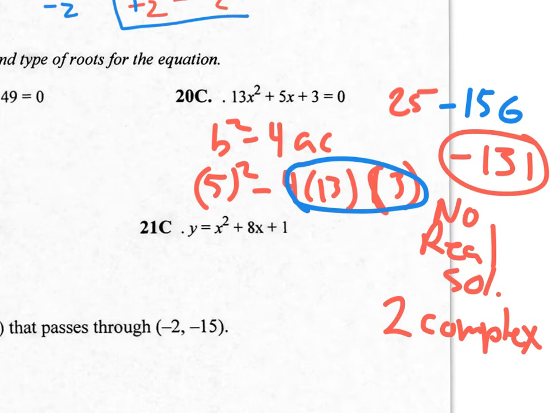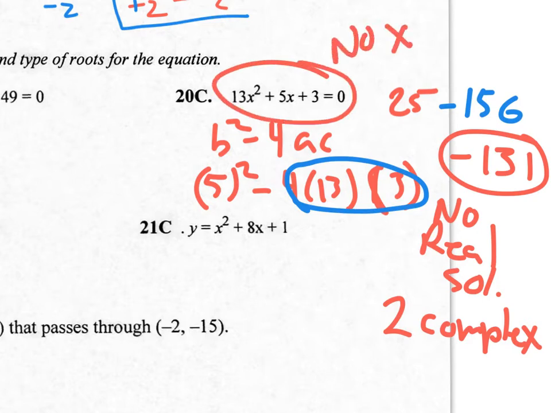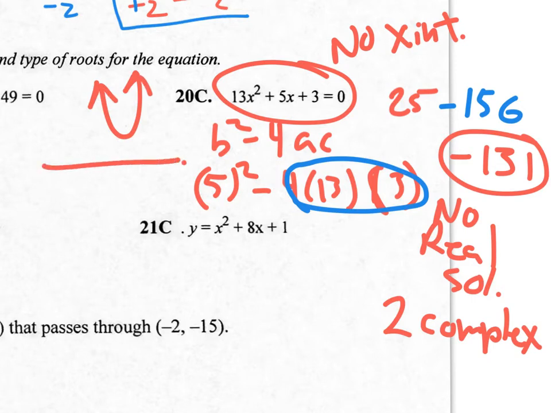You could also say that this has no x-intercepts. Okay, I know that the parabola a value is positive, so it's opening up, so this parabola must be above the x-axis on your xy plane. Okay, because the parabola will not cross. It won't cross the x-axis. It's above the x-axis. So it doesn't have any real x-intercepts.